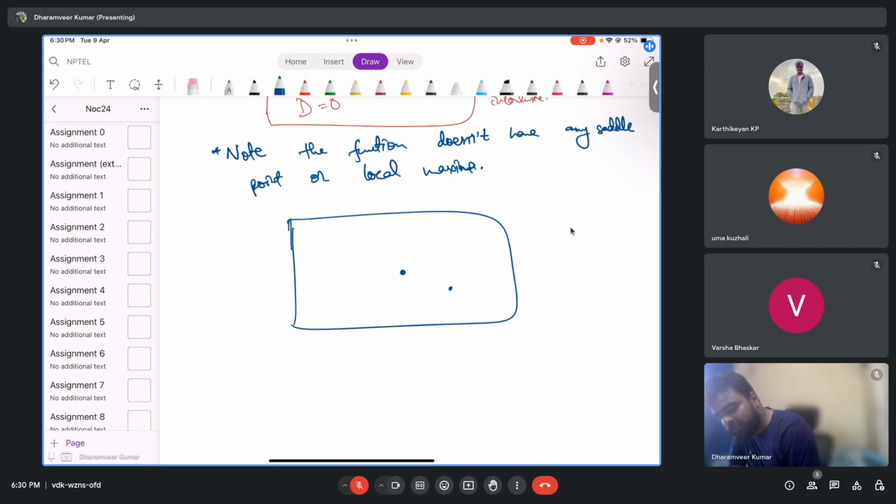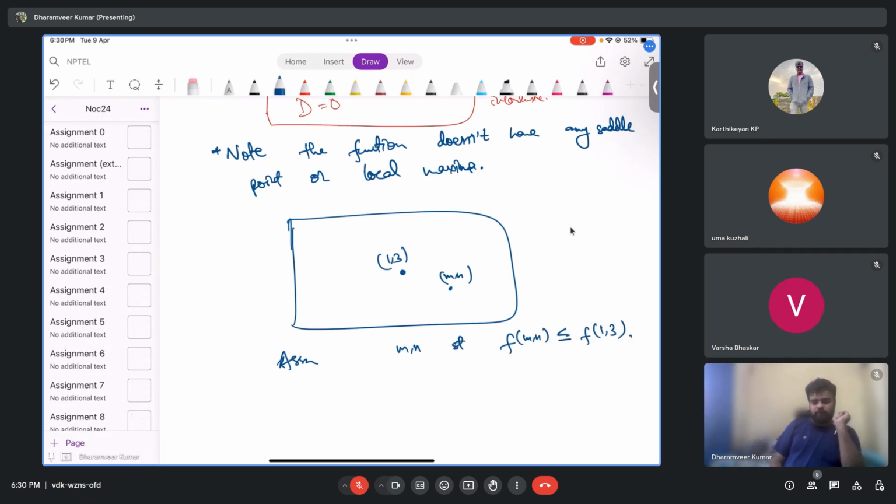So let's say this is (1, 3). And let's say there is x star, or rather we'll just call it (m, n), assume, such that f of (m, n) is less than or equal to f of (1, 3).